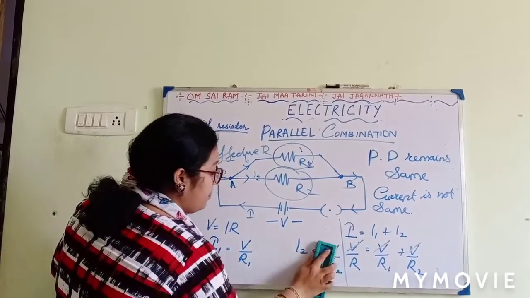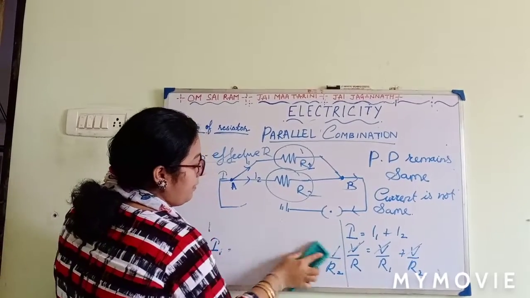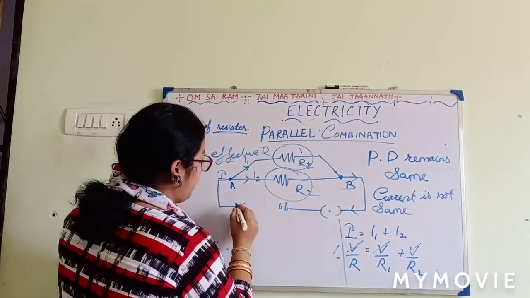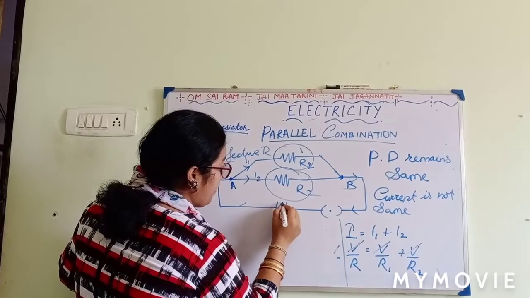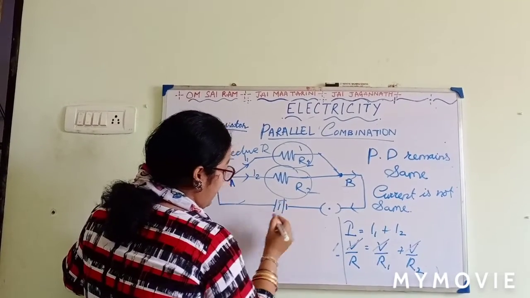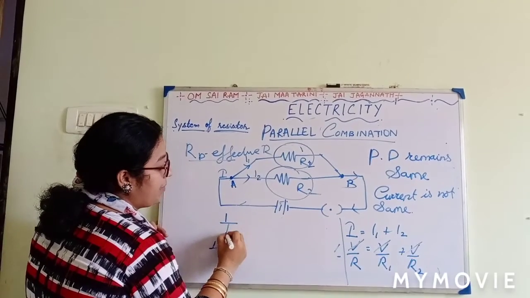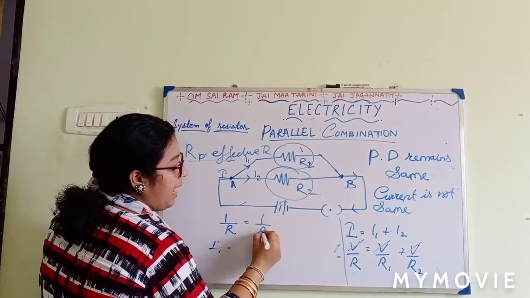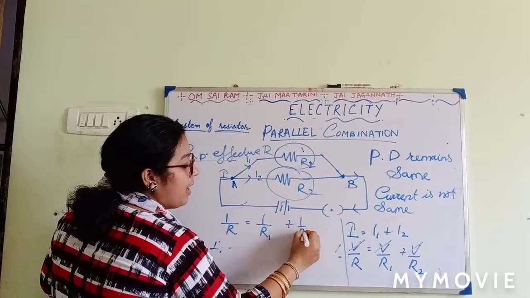We get 1 by R is equal to 1 by R1 plus 1 by R2.